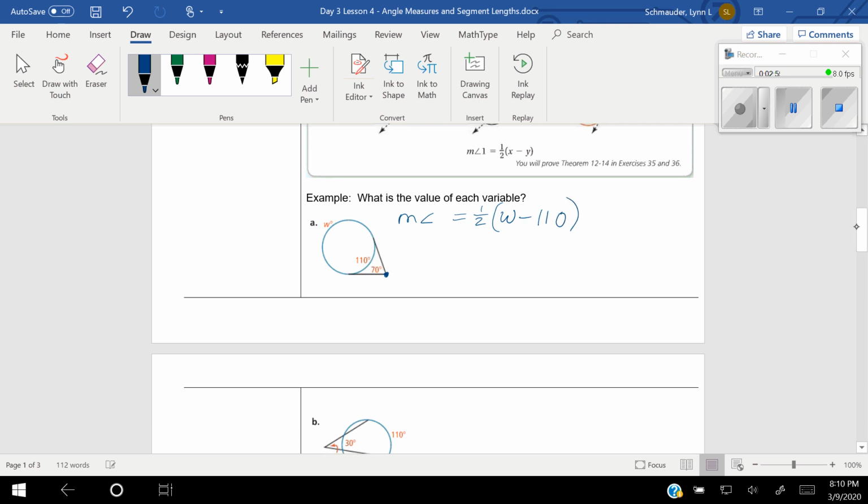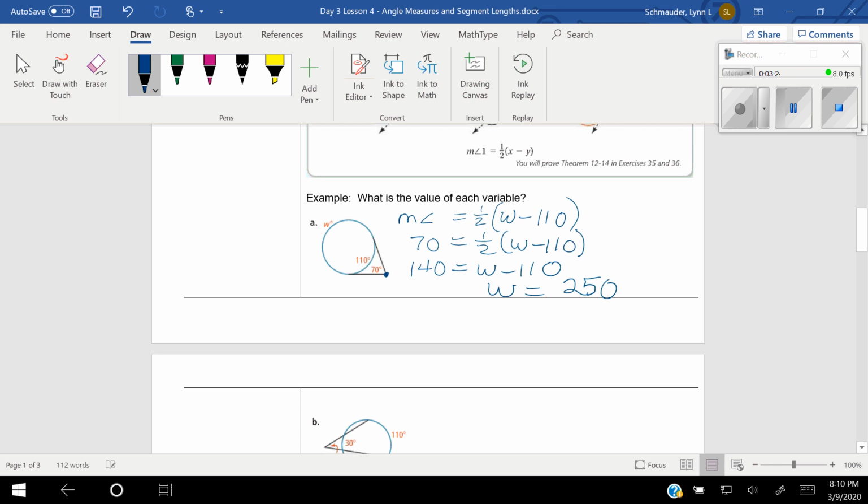And I know the measure of that angle is 70. So 70 is 1/2 (W minus 110). Multiply both sides by 2. I'll have 140 equals W minus 110. Therefore, W is going to be 140 plus 110, which would be 250.